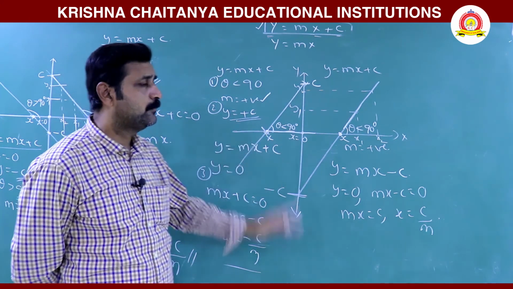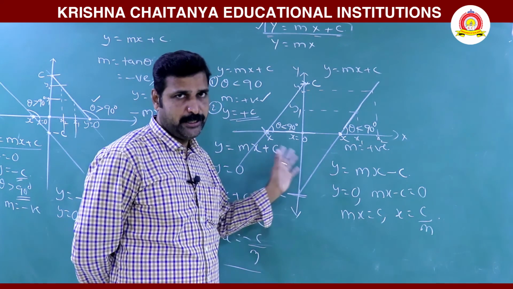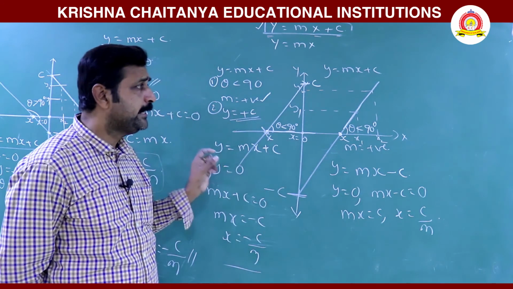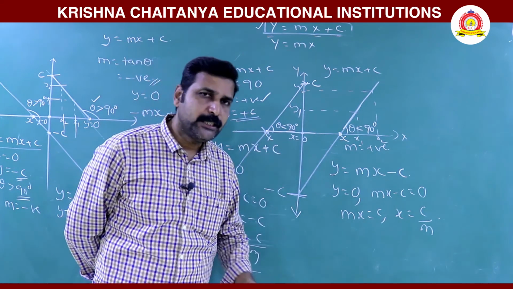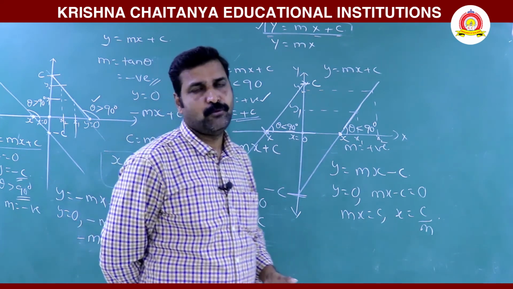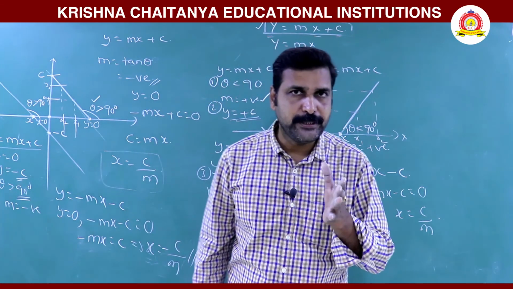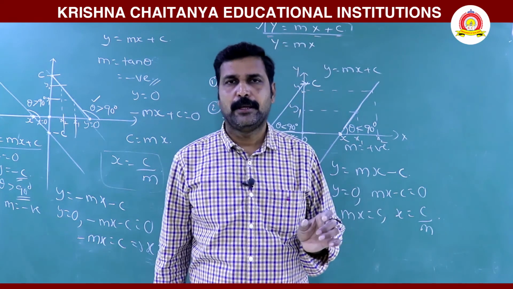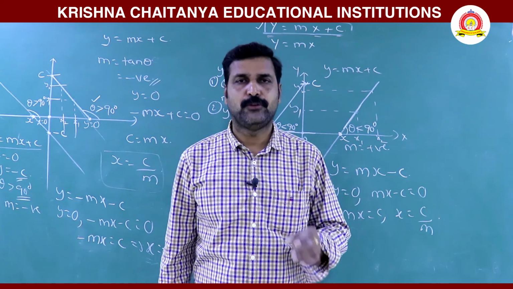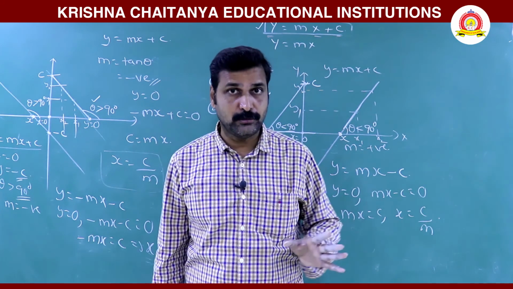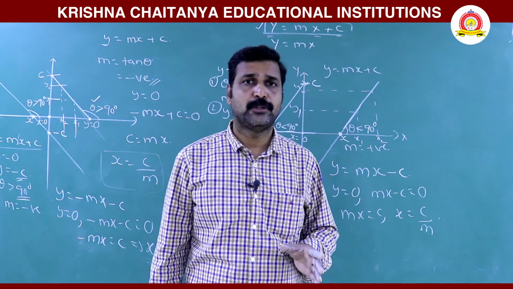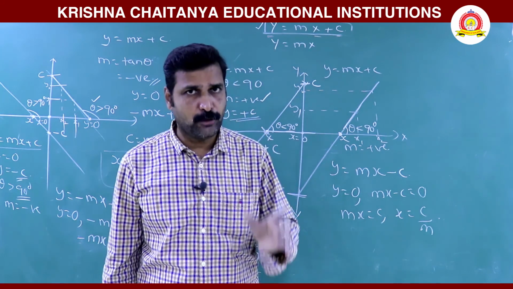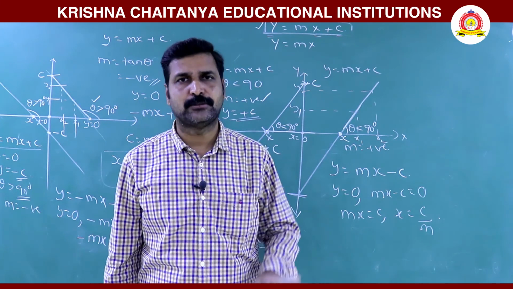Okay, so this is how these straight line graphs are indicated. Now for any straight line, whether the slope is positive or negative, it is constant. If you get the slope as +2 for that entire straight line, wherever you calculate it, it is always +2.